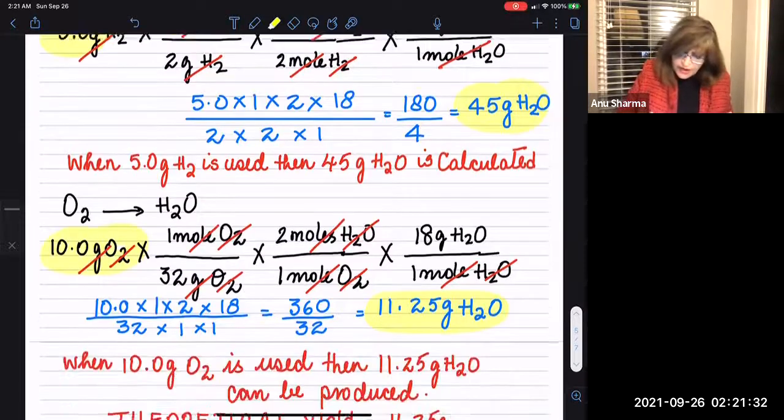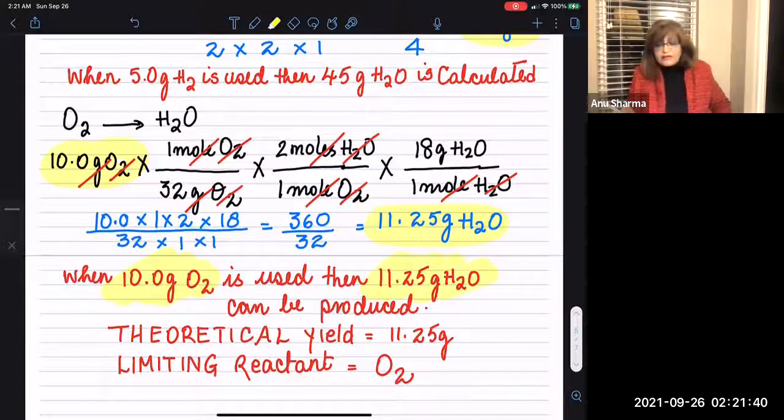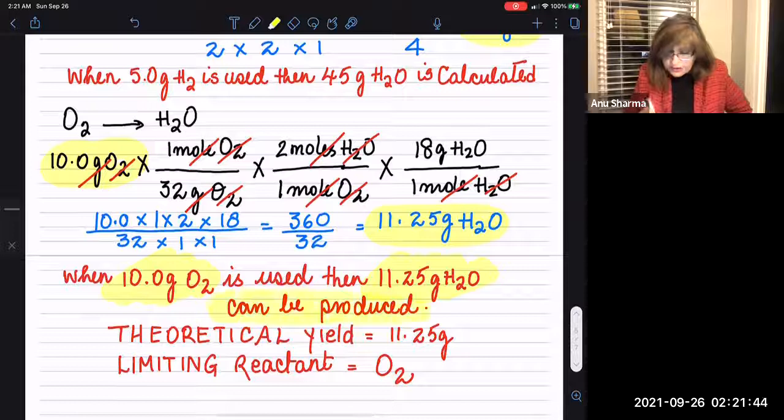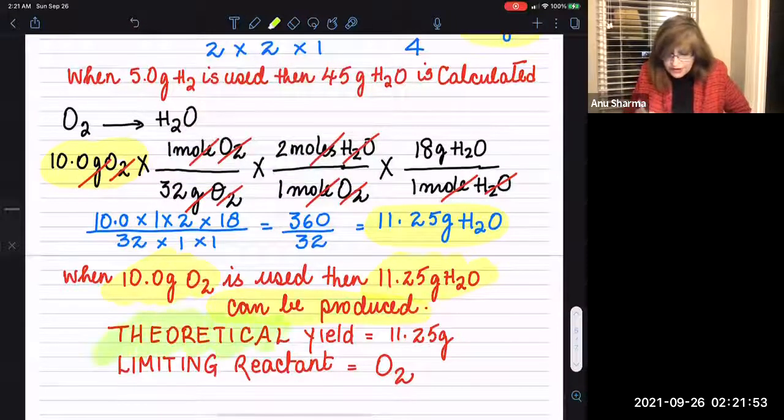Okay, so when 10 grams of oxygen is reacting, then 11.25 grams of water can be produced. So I'm not just saying it's calculated, it can be produced. That's the maximum. So that is the theoretical yield. In theory, the maximum amount that you can obtain is only 11.25 grams.